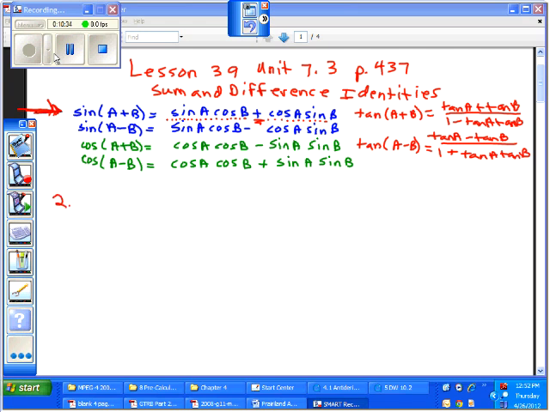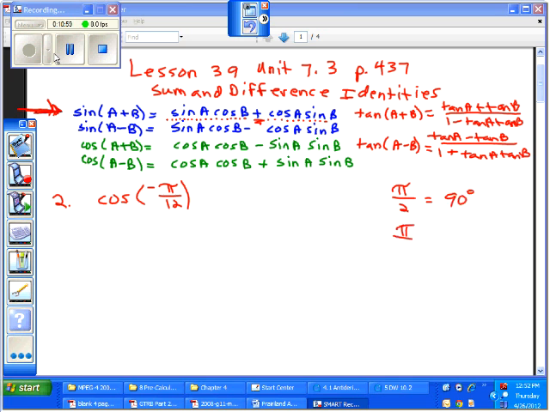Number 2, we have cosine of negative pi over 12. Now, do we know something over 12? Let's go back to our reference here. We know pi over 2 goes with 90 degrees.